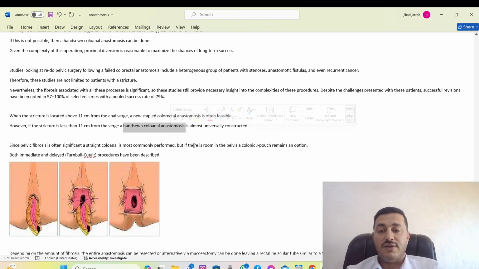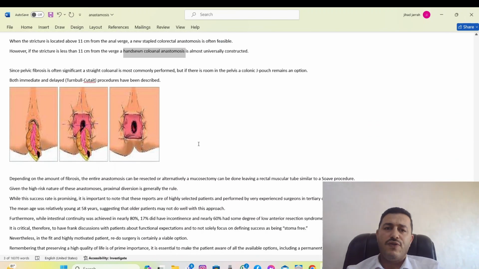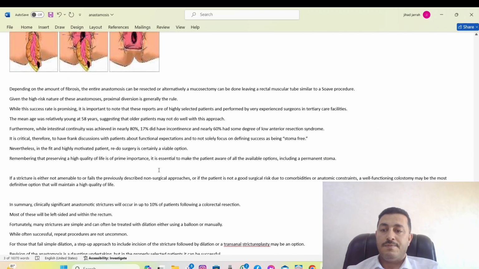We resect and reconstruct. One of the surgeries for a stricture that is low is the Turnbull stricture. We bring the colon out in a two-stage procedure, and we construct a coloanal anastomosis again.